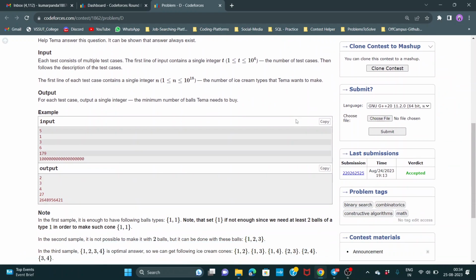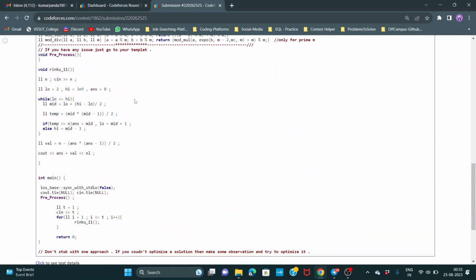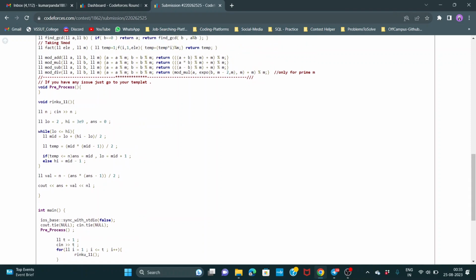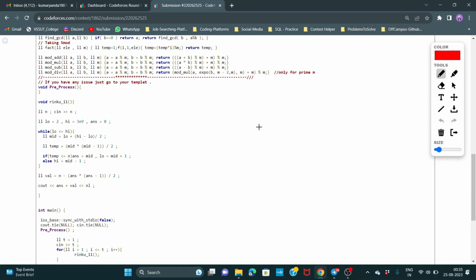So let's go through the code, what I have implemented. I have implemented the same thing, whatever I have told you.